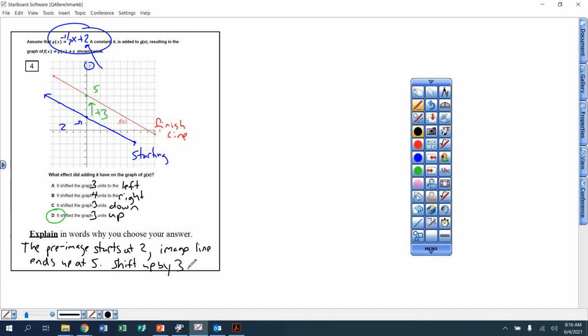And then technically, for those of you out there listening, this f of x line is negative 1/2 x plus 5. I get that by plugging this in to the transformation equation. Here's the transformation equation. F of x, that new one, came from the original g of x, but was moved up by 3.